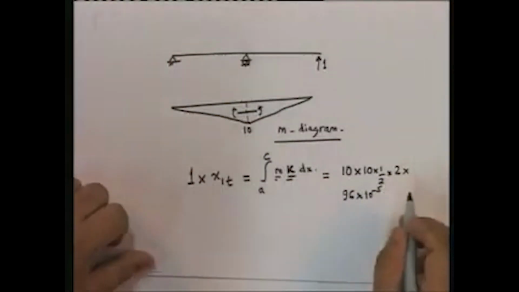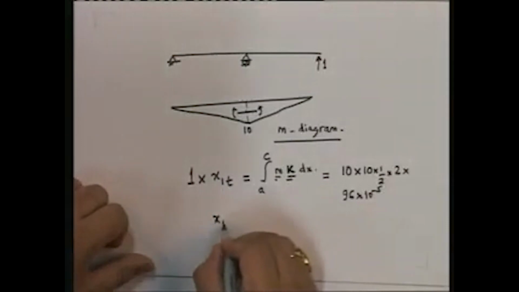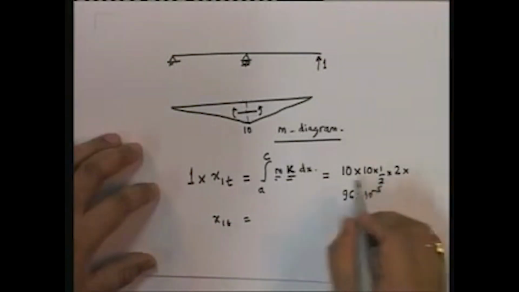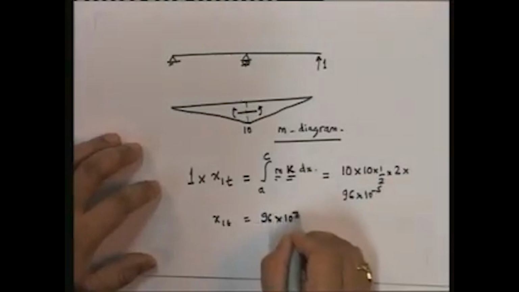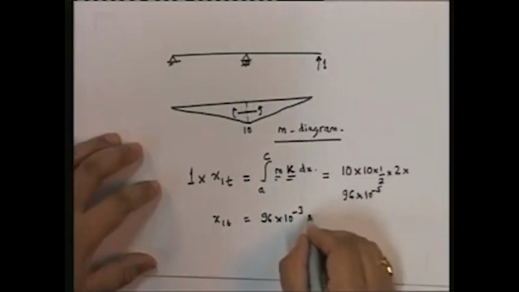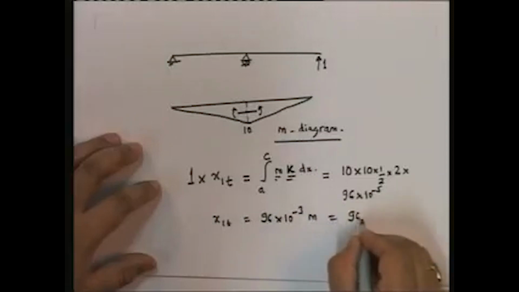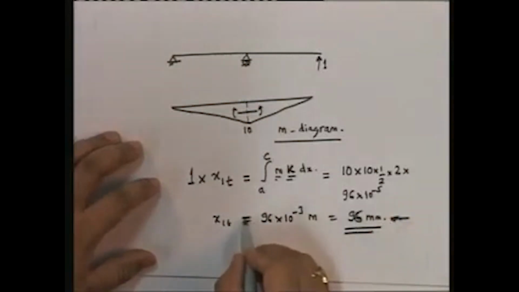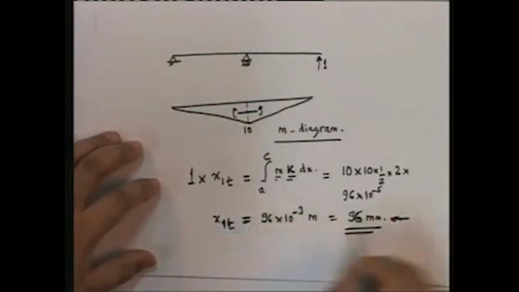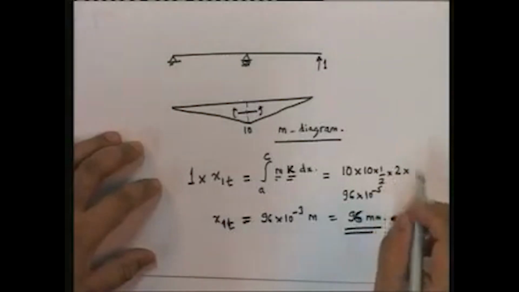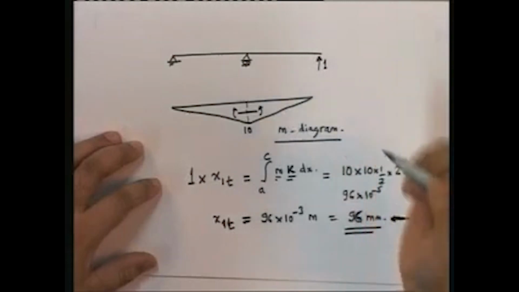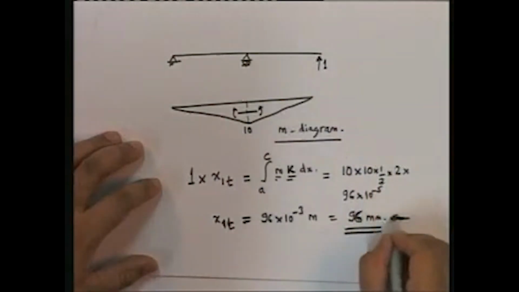So x1 of t turns out to be, 10 plus 10 is 100, 96 into 10 to the power of minus 3 meters, which is equal to 96 millimeters. Note that x1 of t turns out to be 96 millimeters, which is not a very small displacement. So you see, because of the temperature differential of 40, x1 of t is equal to 96 millimeters.